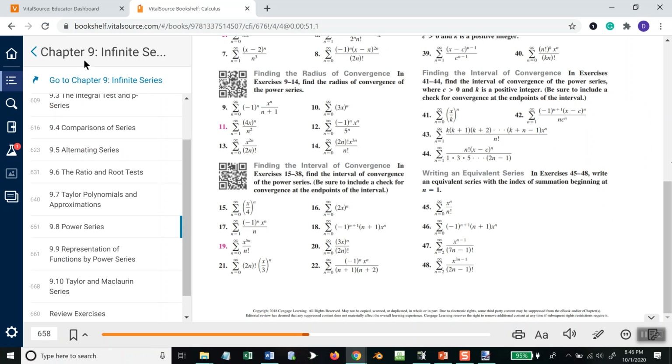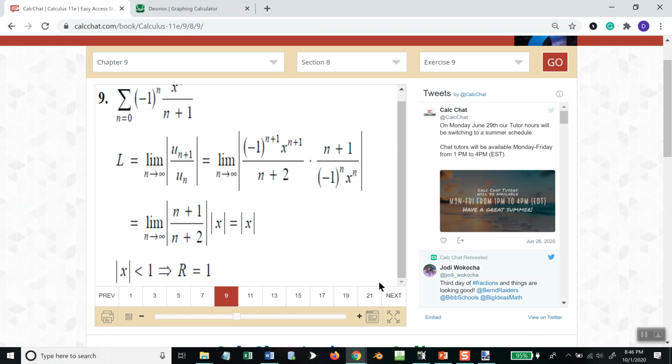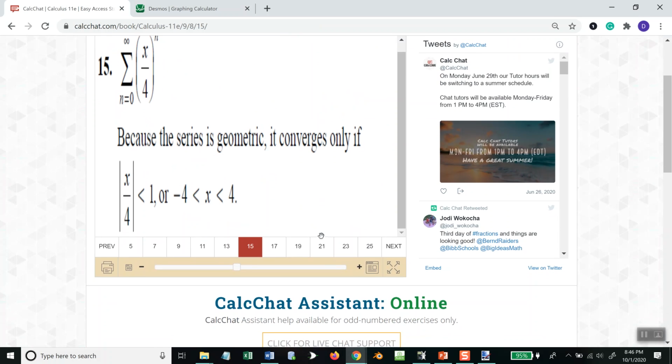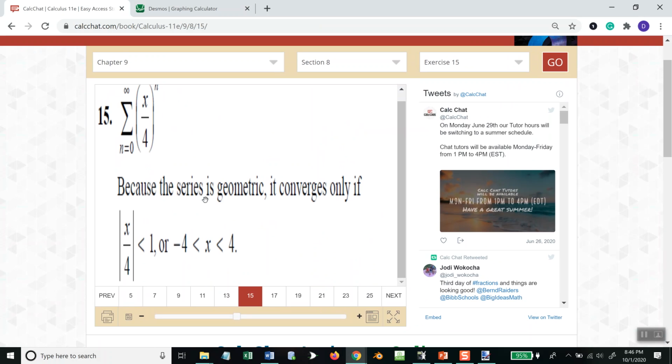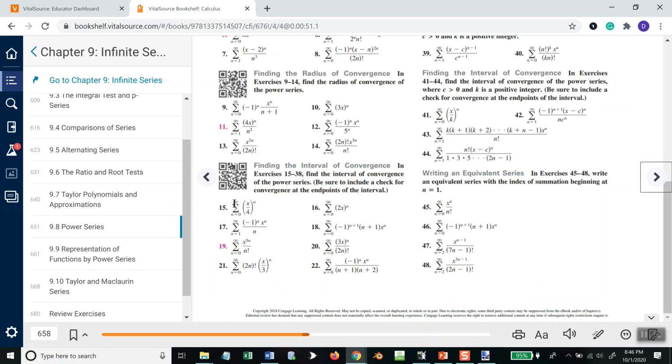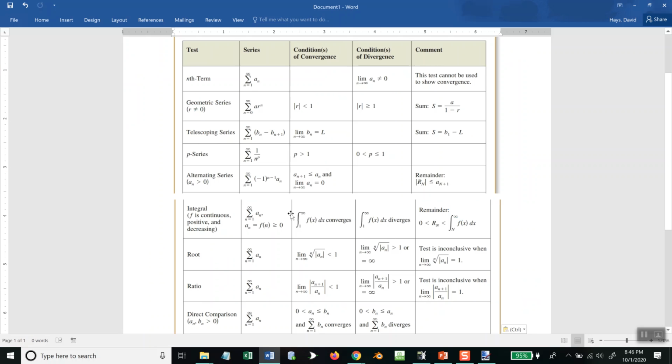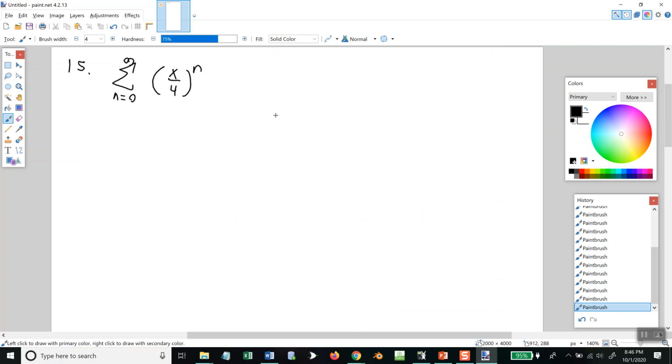I think this is one of those bizarre ones. They make the note that the series is geometric. Let's see, geometric. I guess it would be. So if it's geometric, this would be our R, wouldn't it?